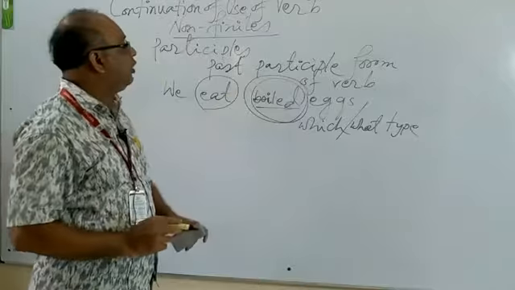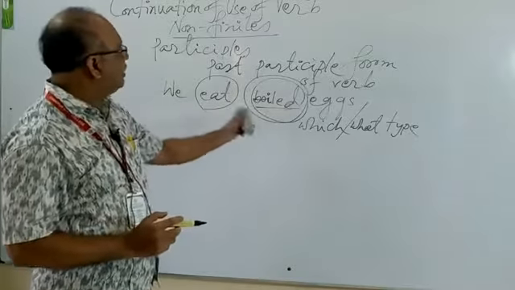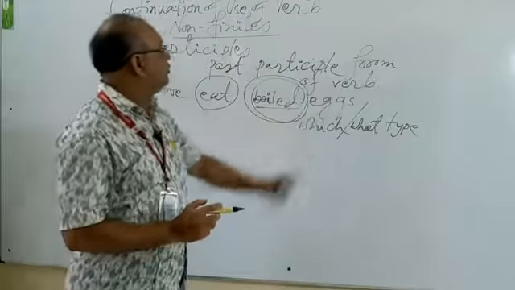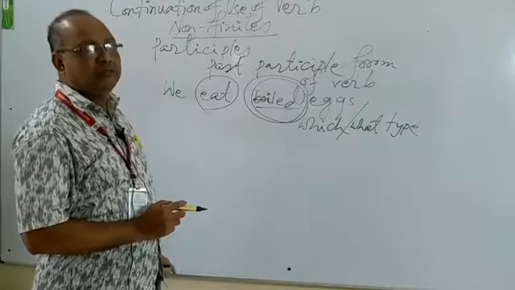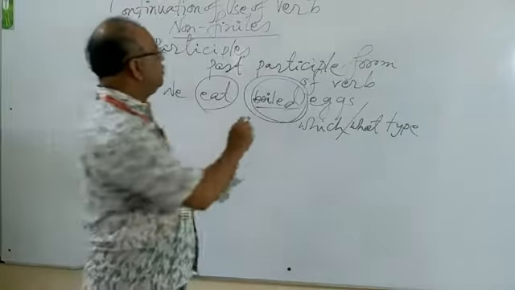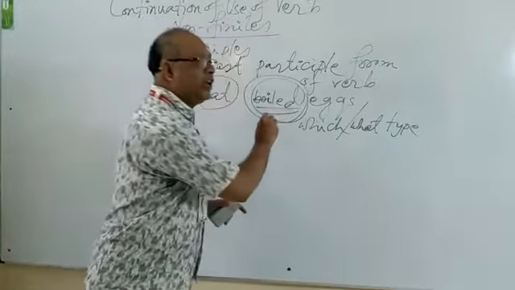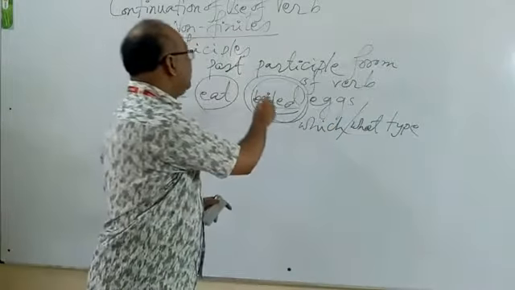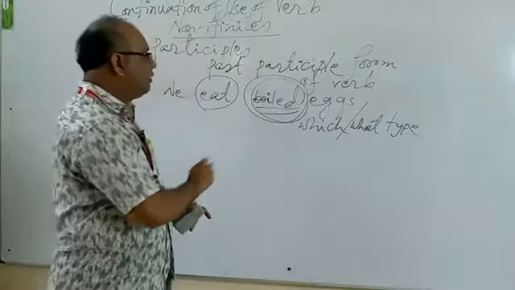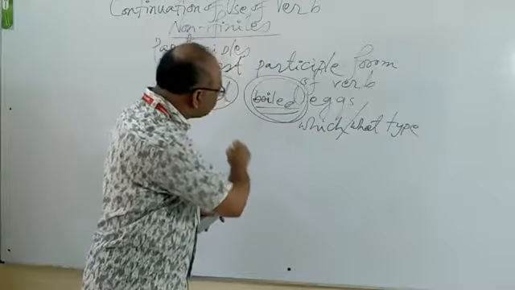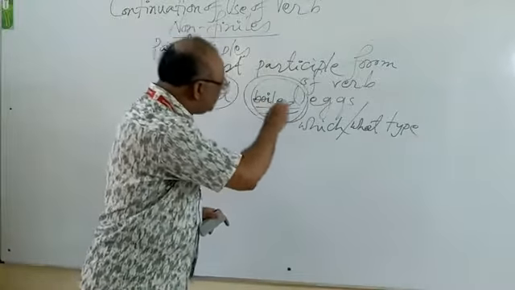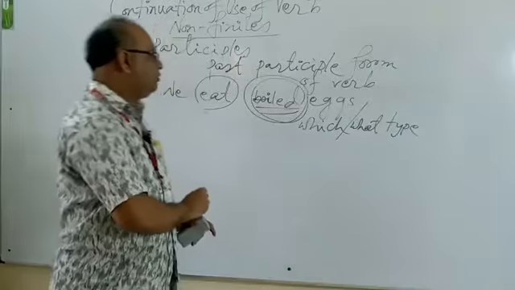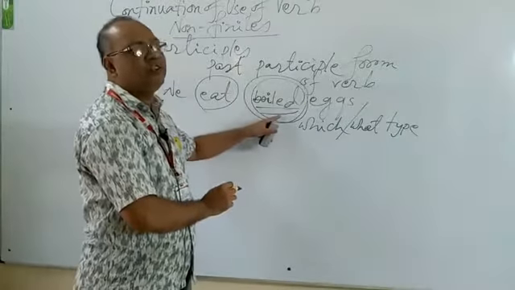So we eat boiled eggs. Here boiled has been used to modify a noun, but it has been used as pre-modifier. Why pre-modifier? The noun comes after it, and the past participle form has been used early, before the noun. So this is called pre-modifier.